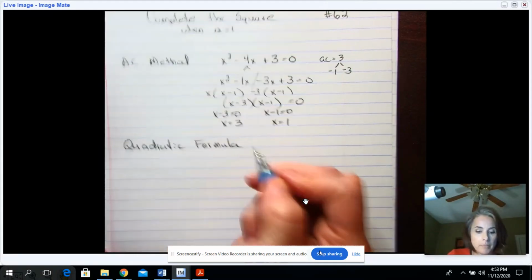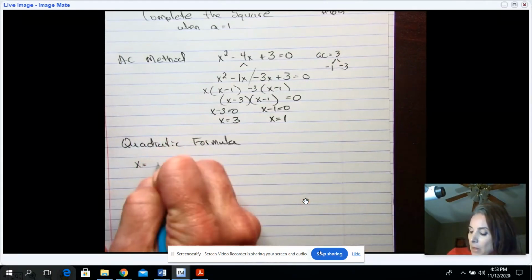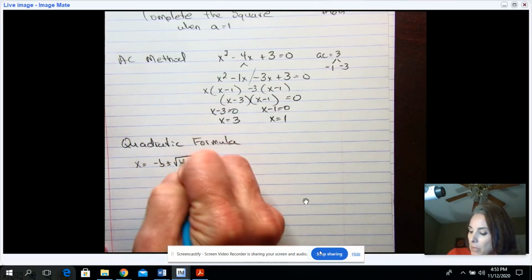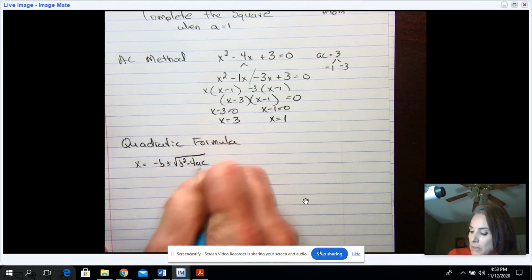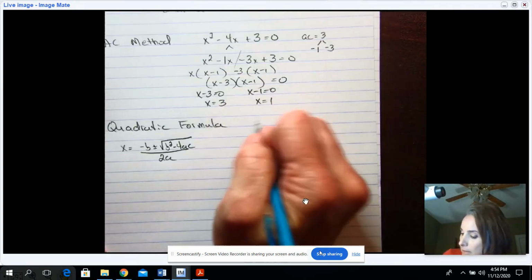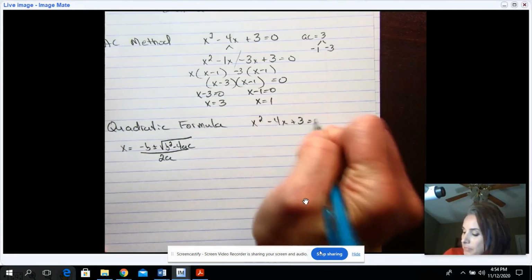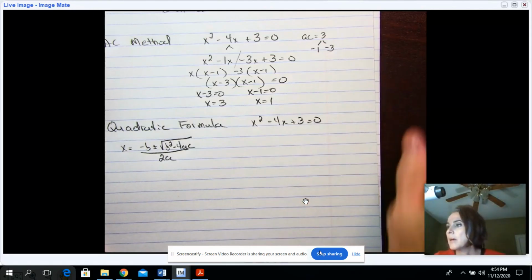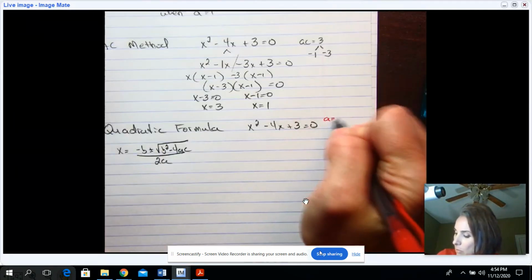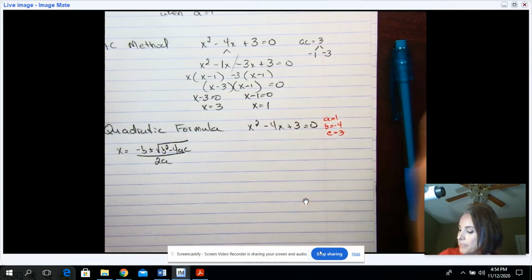The quadratic formula. All right, so the quadratic formula is opposite of b plus or minus the square root of b squared minus 4 times a times c all over 2 times a. All right, so if I use the same problem and I do the quadratic formula, on this particular one, a is 1, b is negative 4, c is 3.